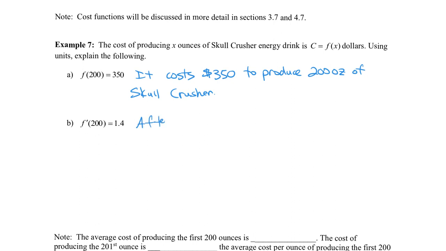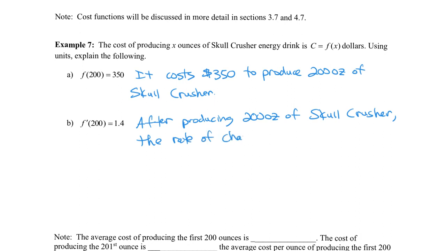First, after producing 200 ounces of Skull Crusher, the rate of change of the cost function is $1.40 per ounce. The rate of change is $1.40 per ounce.